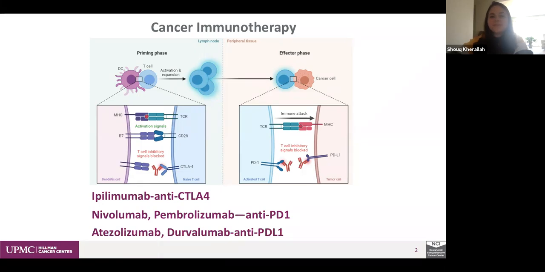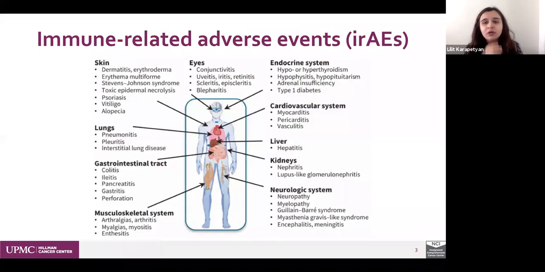Sure. And then names ending with mab, when you see those, remember those are immunotherapy agents. So imagine if you activate your immune system, it starts attacking not only the cancer cell, but it starts attacking your own body's other cells.